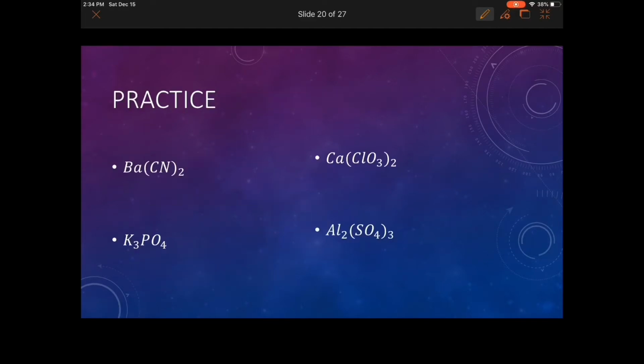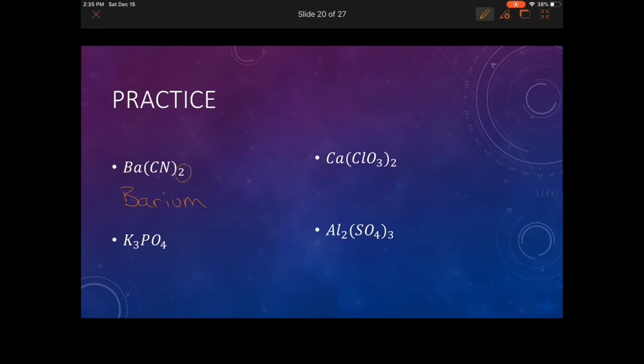Let's do some practice. We've got Ba(CN)2. So Ba, that stands for barium. That's your cation. So we're going to write barium. And you notice that Ba is in column 2. So that means it's typically going to have a +2 charge.